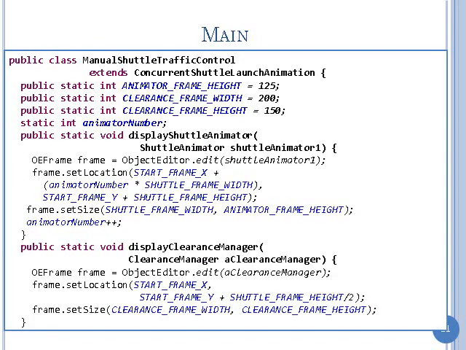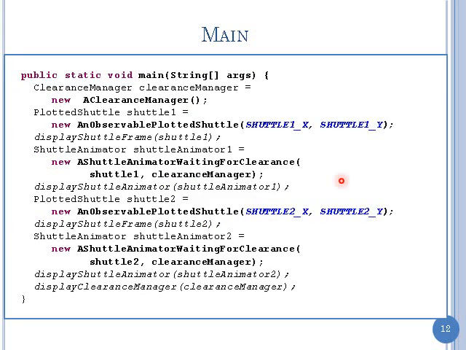So that's what's changed. And my main, what does it do? It displays the shuttle animator. It displays the clearance manager. So there are some object editor dot edit calls here to make the frames appear too. And here's the interesting thing. I create one clearance manager. That's the same clearance manager that I display on the screen. Okay?